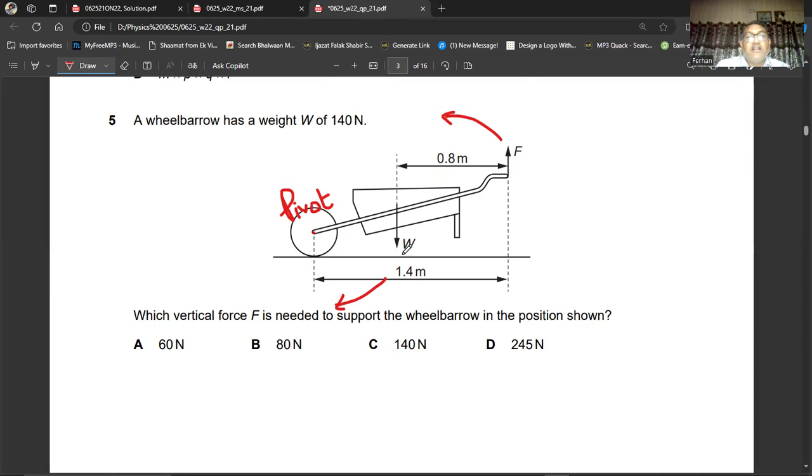So the weight multiply its distance from the pivot, and that perpendicular distance is this one. And this perpendicular distance will be 1.4 meter minus 0.8 meter, and that will be 0.6 meters.